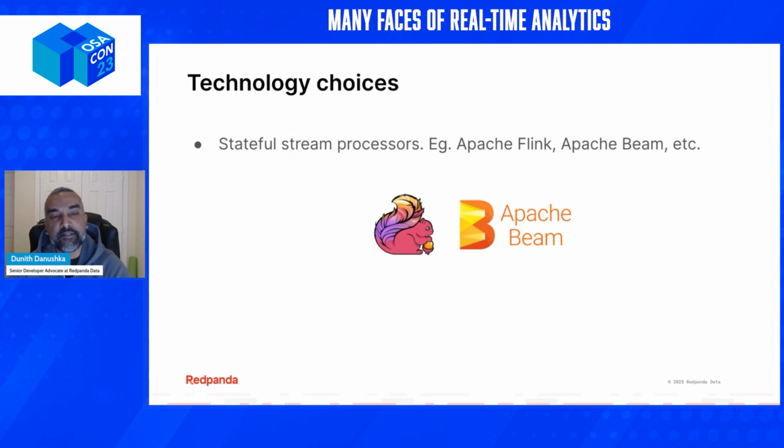And then when it comes to technology choices, what kind of tools you can use to implement this kind of solution? I would say the best would be stateful stream processors, like Apache Flink and Beam and other such tools, because they provide lots of abstraction over low latency and fault tolerant processing.